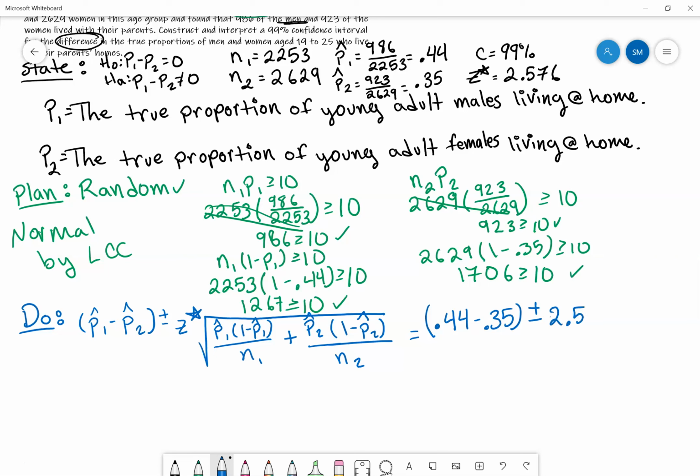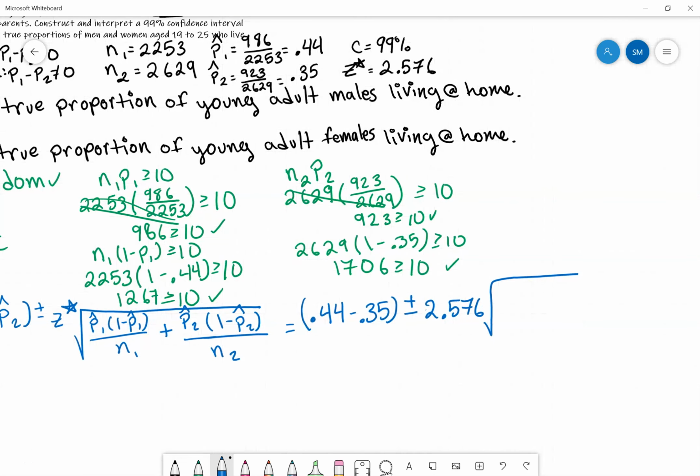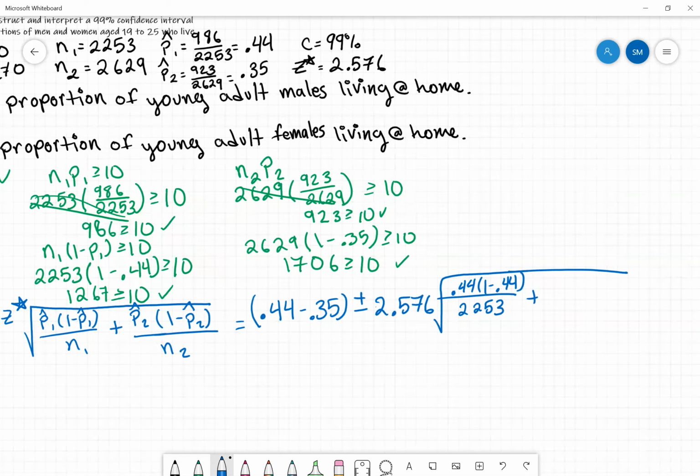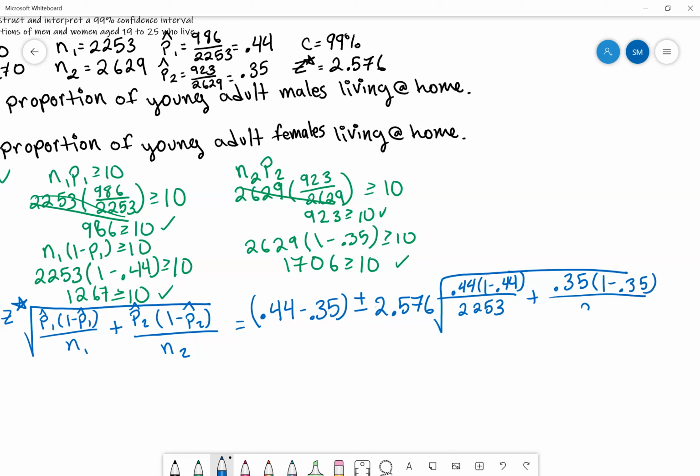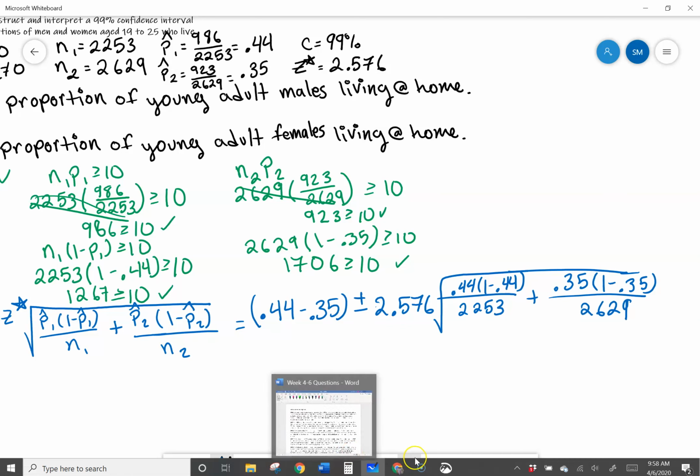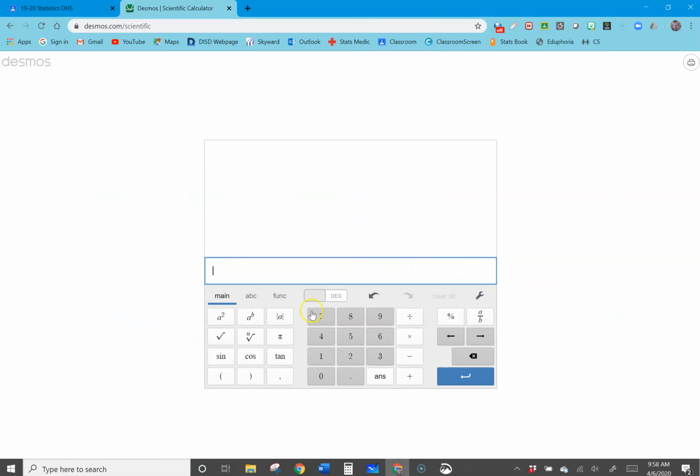Z star, which is 2.576 times the square root of 0.44 times 1 minus 0.44 divided by 2,253 plus, still under the square root, 0.35 times 1 minus 0.35 divided by 2,629. So we're going to go ahead and use Desmos again. We're going to plug it in and see what we get.